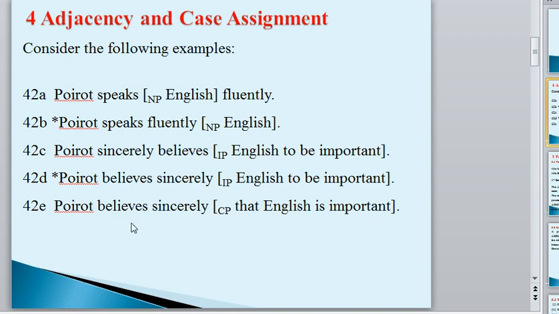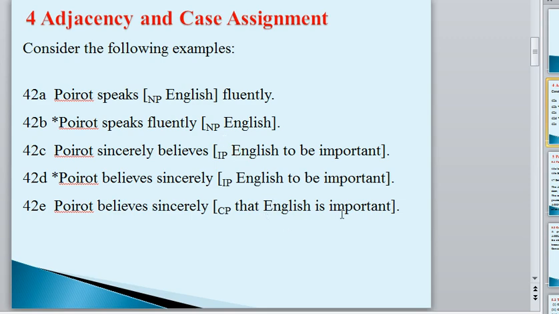Again, look at another example. Poirot believes sincerely that English is important. This sentence is correct because we see here the verb, and this is the adverb sincerely, and this is the NP English. But because it's a finite sentence, whereas in the two earlier examples we have a non-finite sentence which cannot assign case to the NP, so the verb before it can assign case.